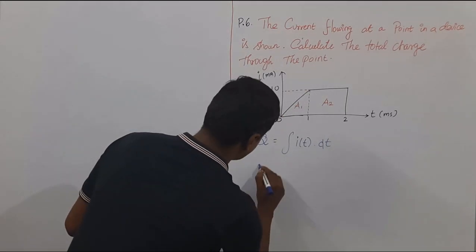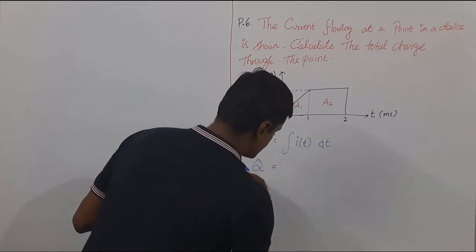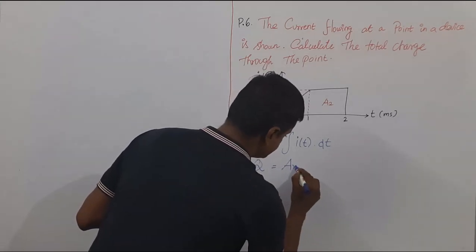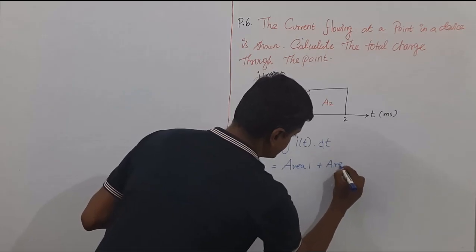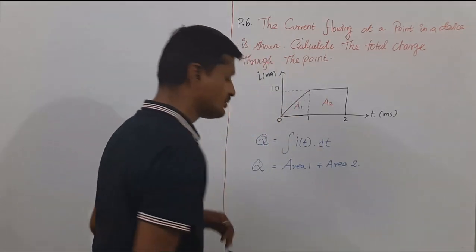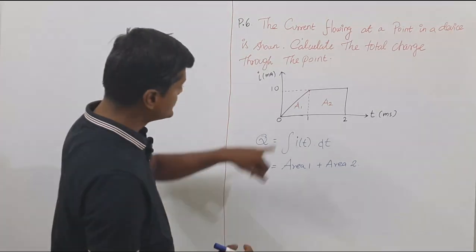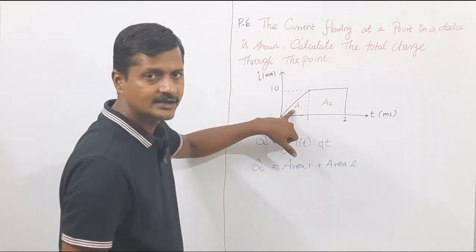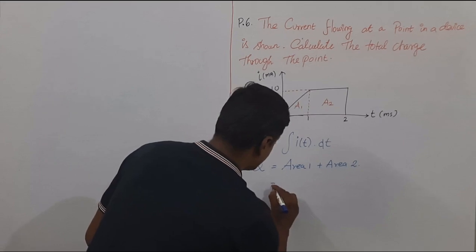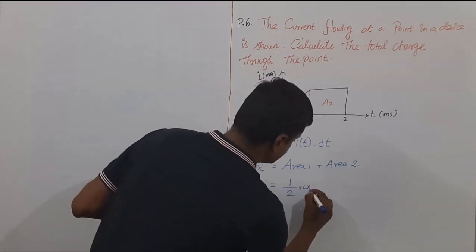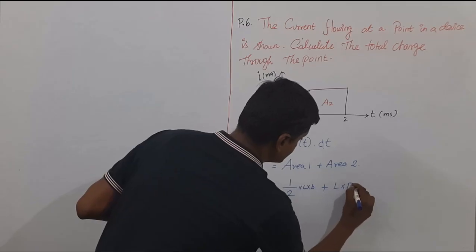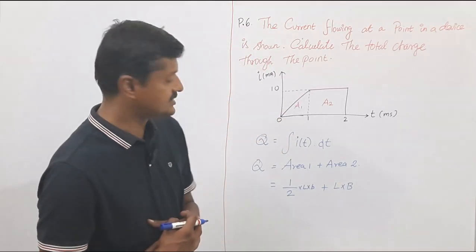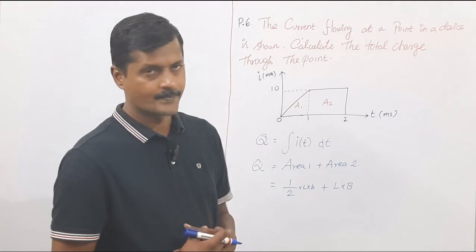So we need to find out the value Q, that is equal to area 1 plus area 2. So area 1, that is triangle. Area of triangle is half into length into breadth, plus here length into breadth.